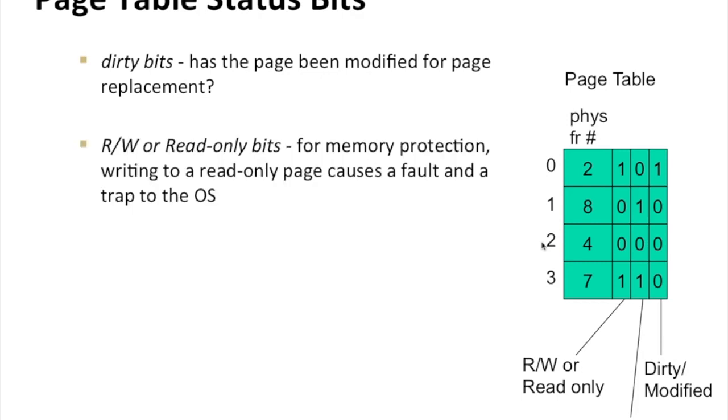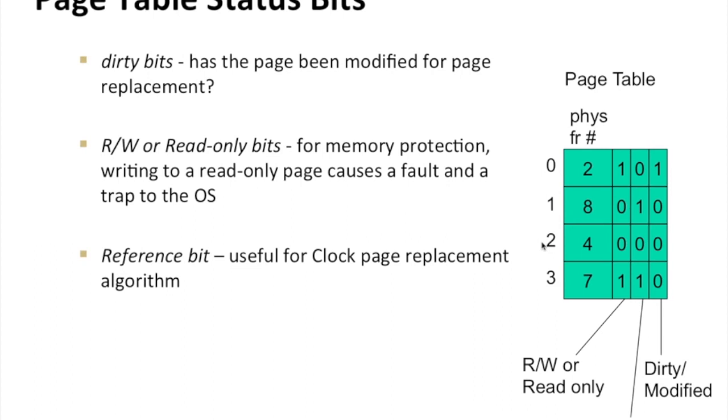We could also use the other bits such as reading and writing. And again, when it's set to read-only and we try to write to it, then we would cause a fault and trap to the OS, and we would get something like a segmentation fault.